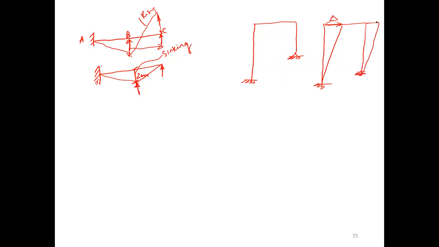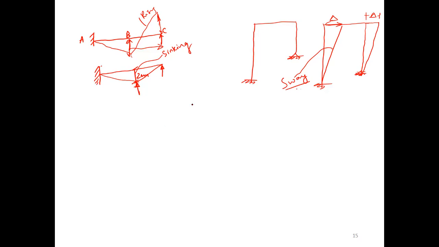But if you come to columns, if you come to frames, the frame will sway. This is delta, the same amount, delta. So this is called sway.